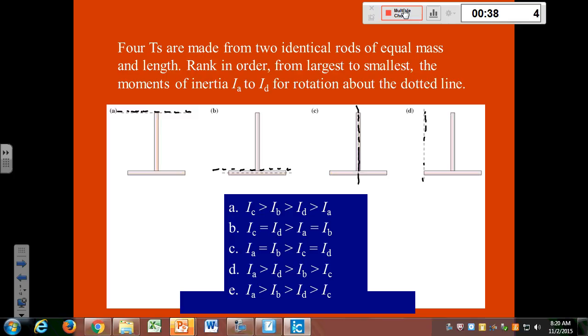And you always want to think about how does this, the sum of mr squared, which of these has more mass located at larger radii? Which has more mass located at larger radii? And that one will have the biggest moment of inertia.